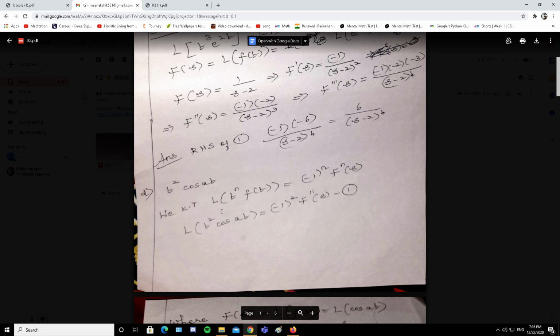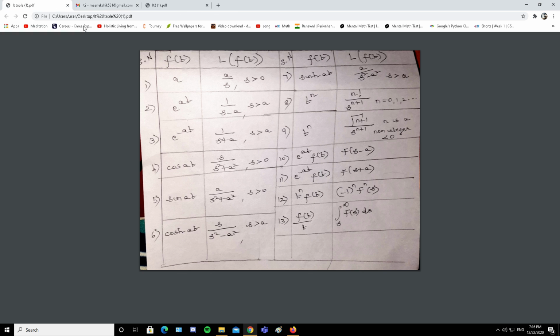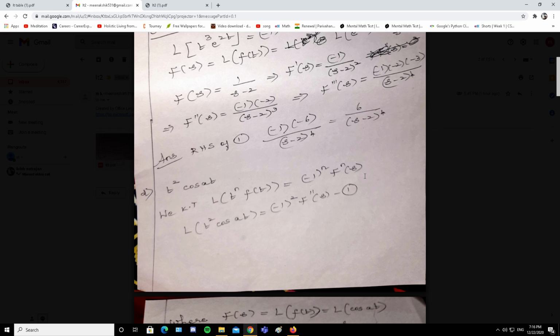I repeat, you have to find Laplace of t square cos a t. Here you cannot use the shifting property, you can make use of only the 12th one. So what is Laplace of t power n f of t? Minus 1 whole power n fn of s. So Laplace of t square cos a t is minus 1 the whole square f double dash of s.